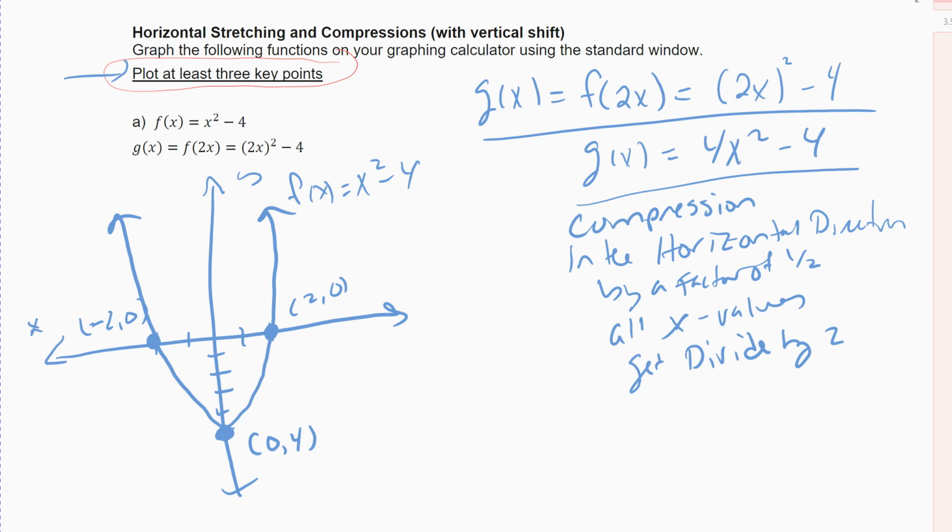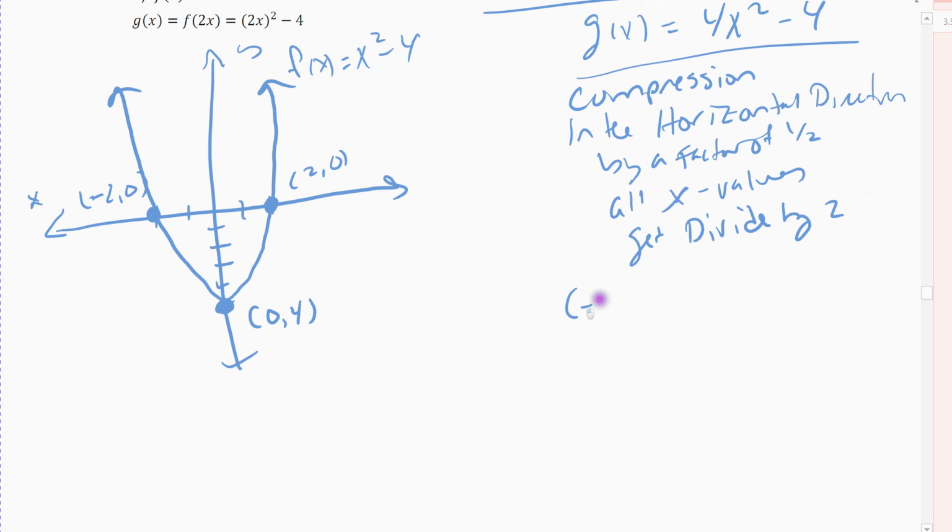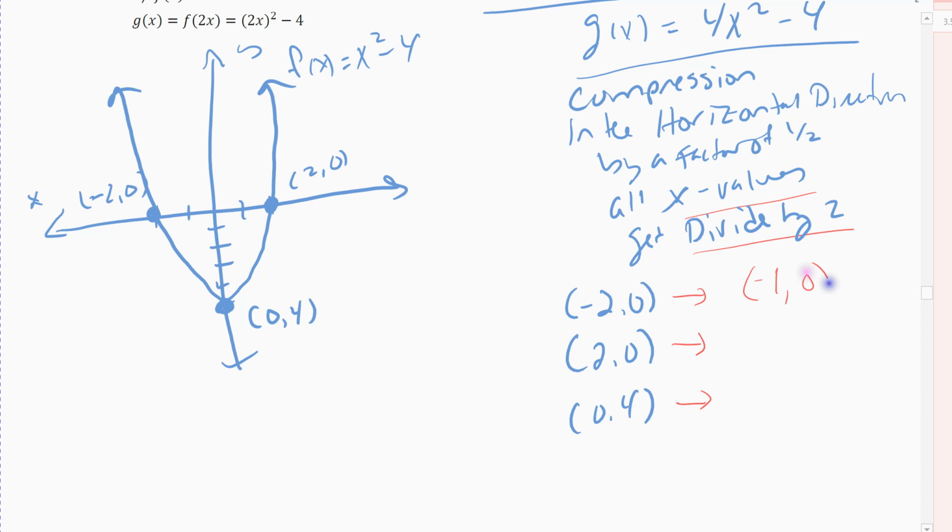Alright, and so my original points, think about this in terms of just the points. The original points were negative 2, 0, 2, 0, and 0, 4. So all of the x values get divided by 2. And so my new points are negative 2 divided by 2, which comes out negative 1. 0 stays 0. 2 divided by 2 comes out positive 1.